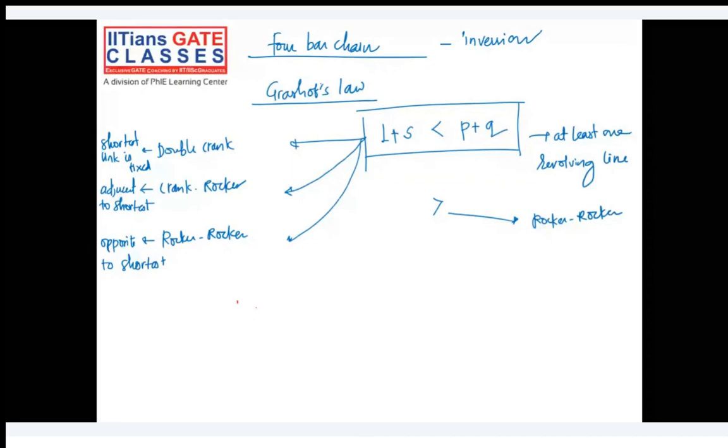Okay, and if it is equal to, then we have seen an example of the coupler wheels of a locomotive. In that we have a double crank mechanism, and we have studied the example of deltoid.